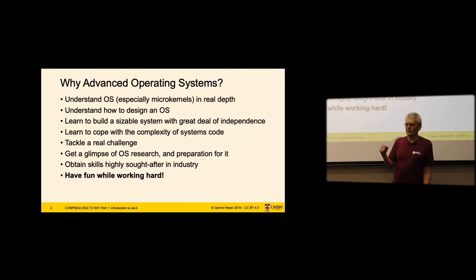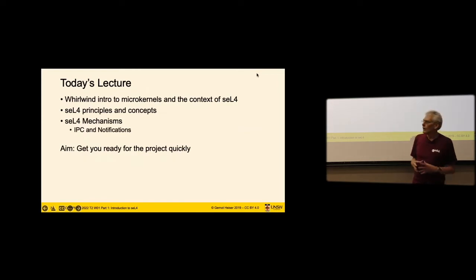So we have a relatively fast start. Once you're over that hurdle, we're fairly confident you'll make it. And I haven't failed anyone in many years, anyone who made it past those initial milestones. So that's it. You're expected to work hard, but I definitely hope you'll have fun doing it.